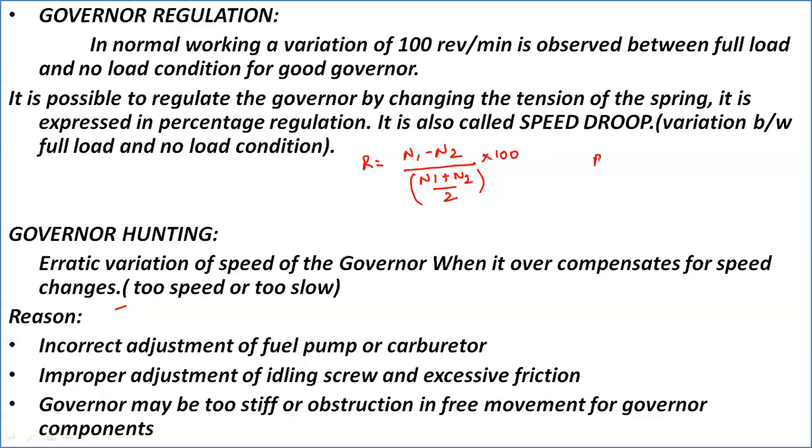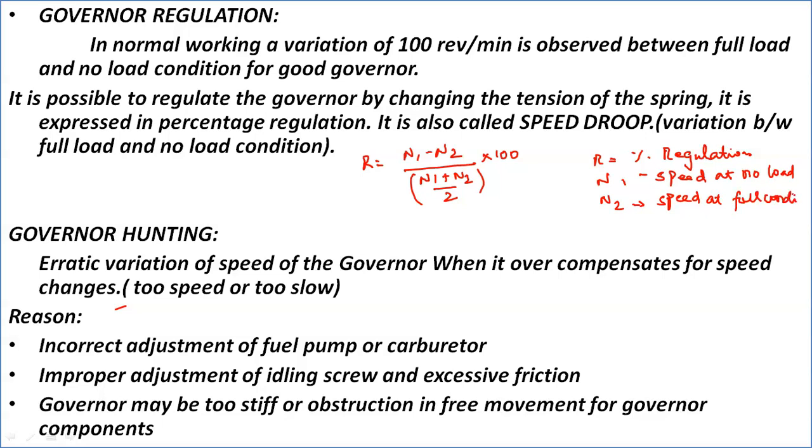Here R is the percentage regulation, N1 denotes the speed at no load condition, and N2 denotes the speed at full load condition.